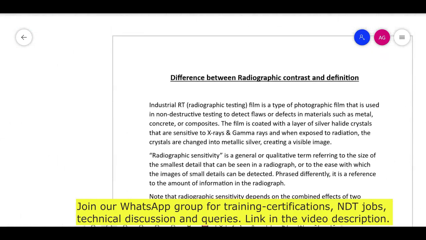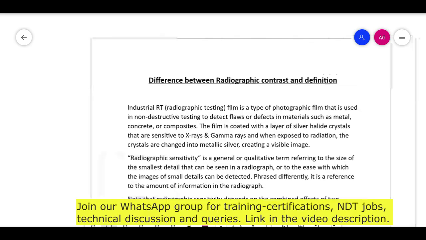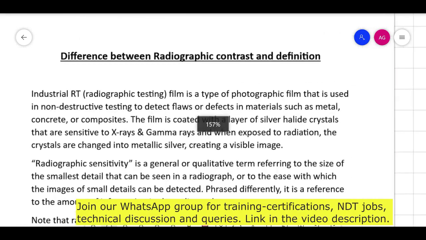Now, first of all, what is the need of definition in radiography testing? Industrial radiography means that radiography testing film is the type of photographic film that is used in non-destructive testing to detect faults and defects in materials such as metal, concrete and composite.